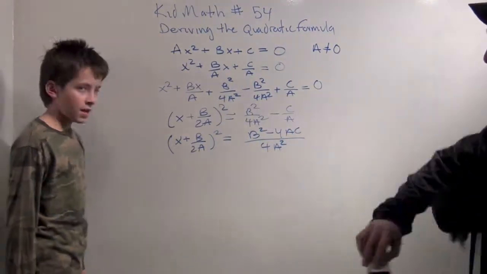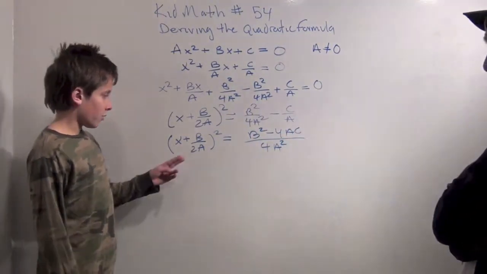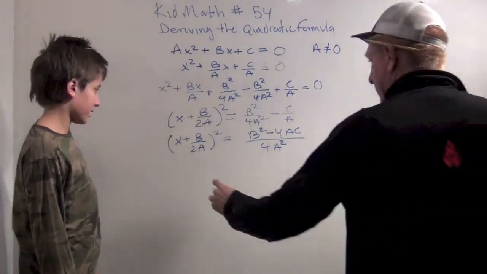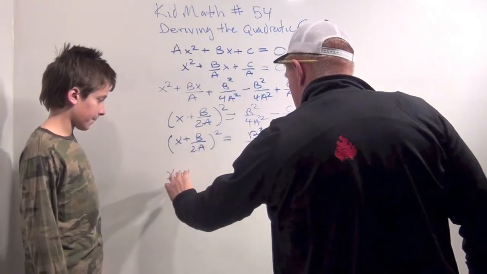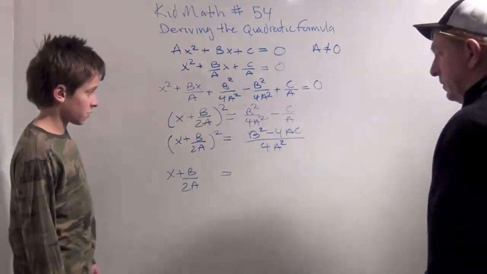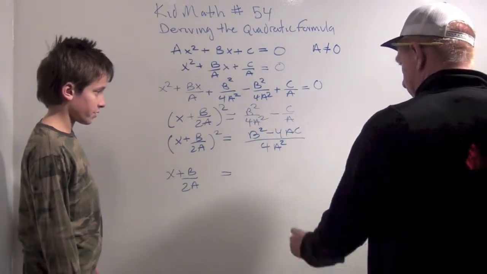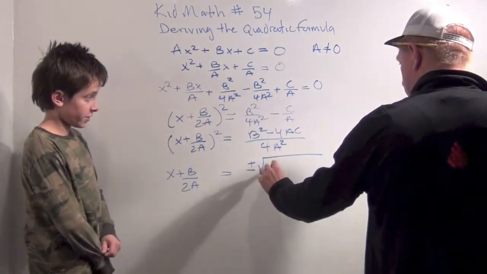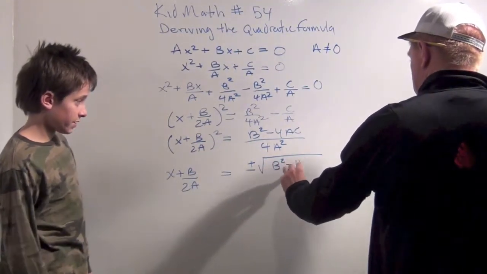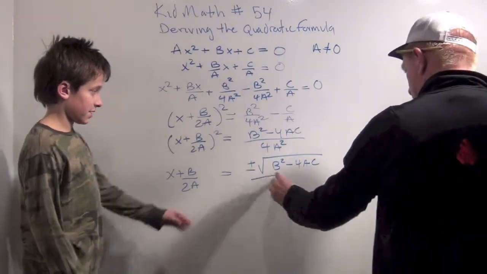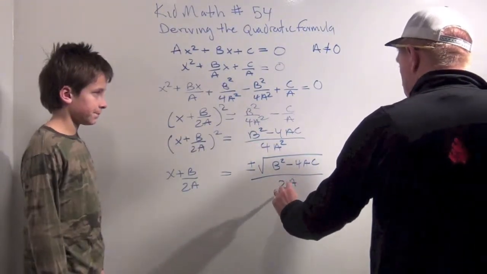Okay, then we take the square root of both sides, so we get x plus b over 2a equals plus or minus the square root of b squared minus 4ac over 2a, because you have two roots, and because the bottom is a perfect square.